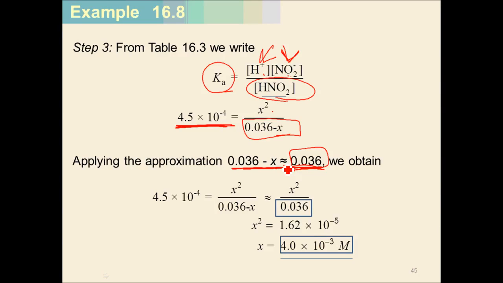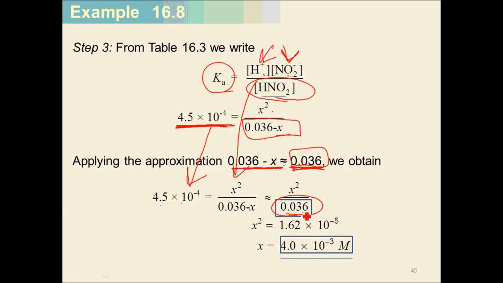Then what you can say is, let's just substitute in here that 4.5 times 10 to the minus 4th was Ka, x squared is our hydronium and NO2 minus concentration. And then this 0.036 is all we need in our denominator. So now let's do our algebra. Okay?